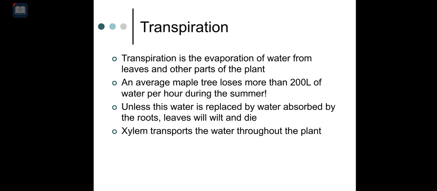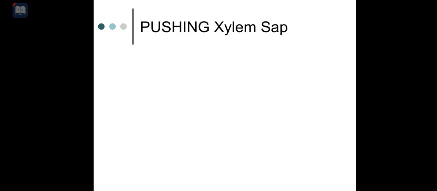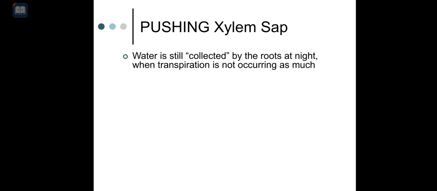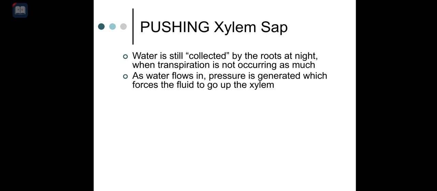Xylem transports water through the plant by a pushing and pulling method. What is pushing xylem sap? Water is still collected by the root at night, when transpiration is not occurring as much.